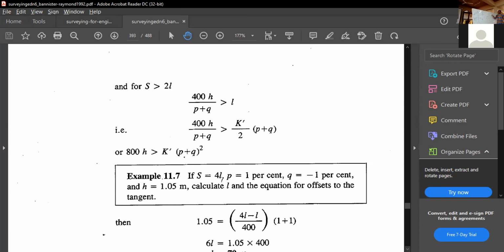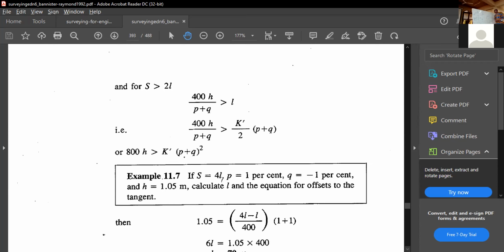It means that the sight distance is longer than it's supposed to be, 2L. Now we have extra. This is long.